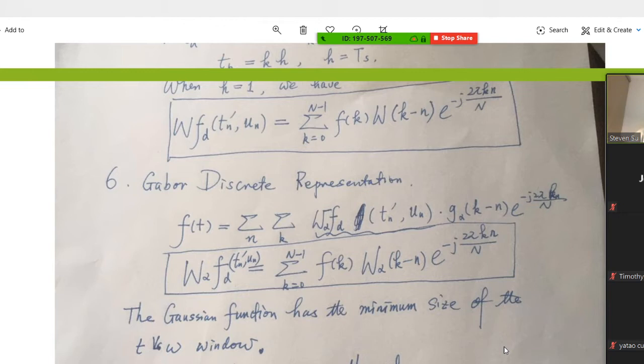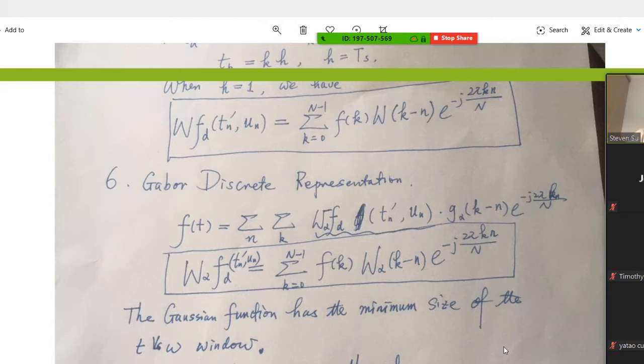Another disadvantage is that the short-time Fourier transform still comes from the Fourier transform, so its fundamental is still the sine wave. A sine wave is a smooth signal; you can take as many derivatives as you want.